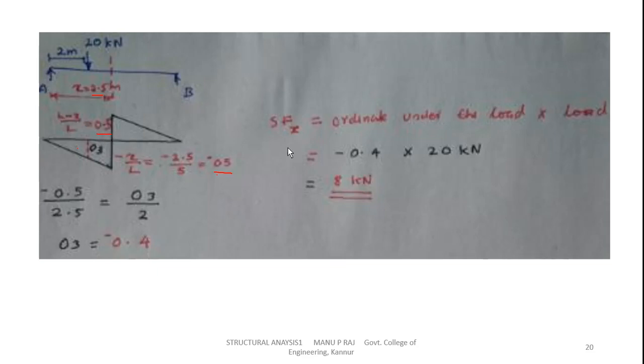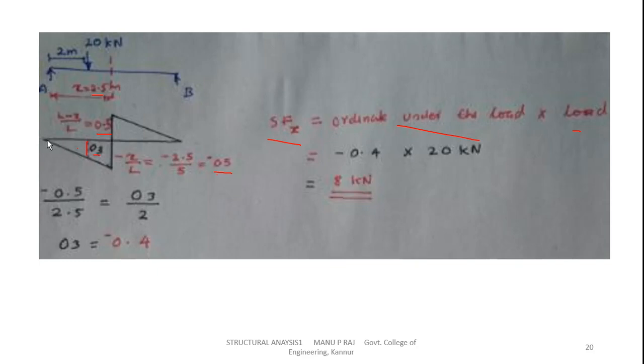Now the shear force at x, that is at 2.5 meters, equals the ordinate under the load into the load. Ordinate under the load means the ordinate at 2 meters, that is O3. So we'll consider only these triangles to find this ordinate.